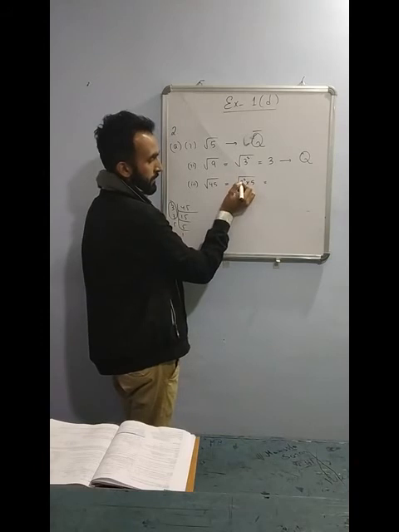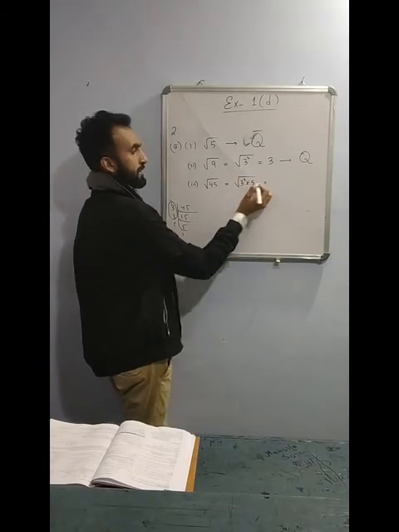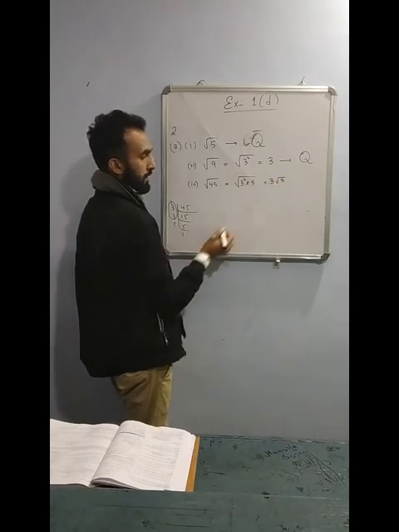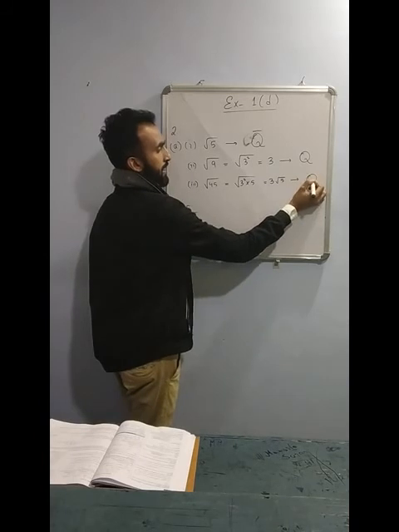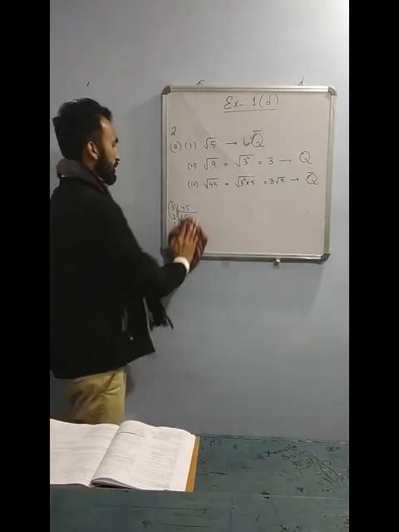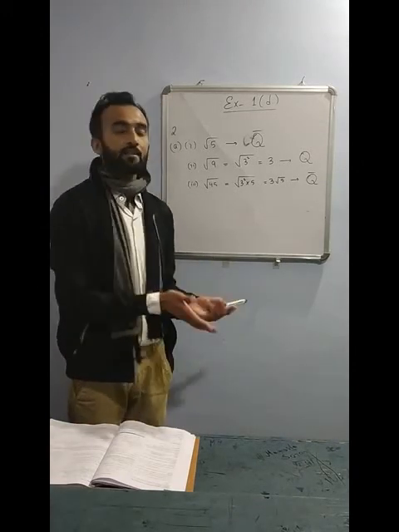This 3 will come out because it has a square and is multiplied, and 5 remains. Then this is irrational. Don't think that it is rational. I already told you, rational multiplied with irrational is irrational.